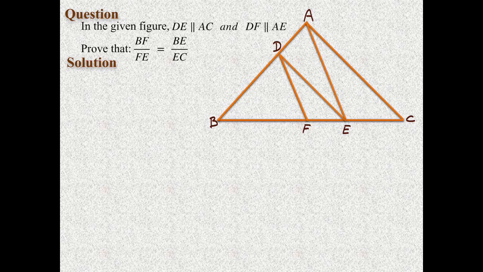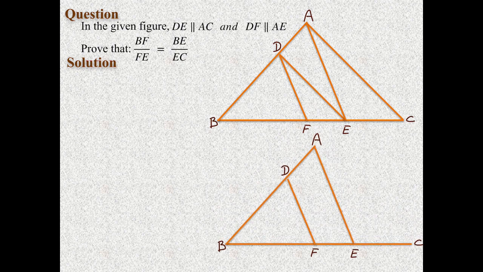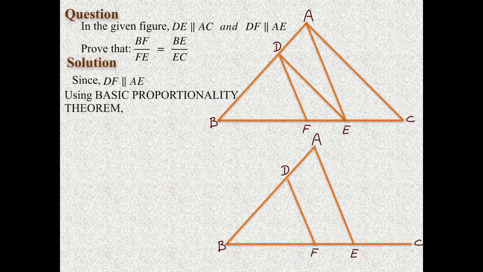So the solution says, in triangle ABE, it is given that DF is parallel to AE. So using the basic proportionality theorem, we can write BF upon FE equals BD upon DA. Say this is result 1.